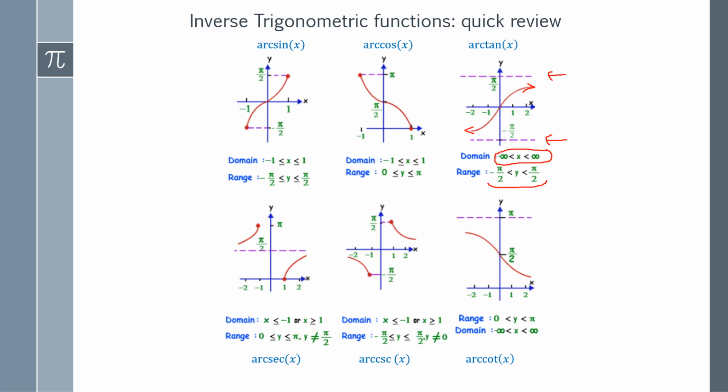Okay, so this is just a quick review of arctangent. You can see a similar analysis can be done for the rest of these functions. And again, I do not expect you to just memorize these. As you work through the limit problems, just have a table like this in front of you so you can refer to it and extract this information easily.